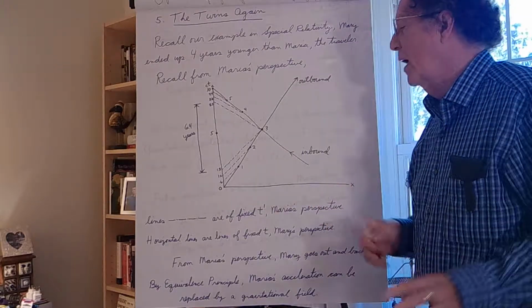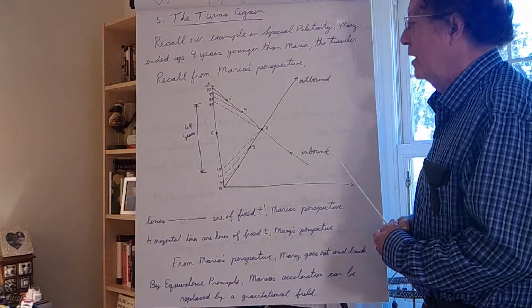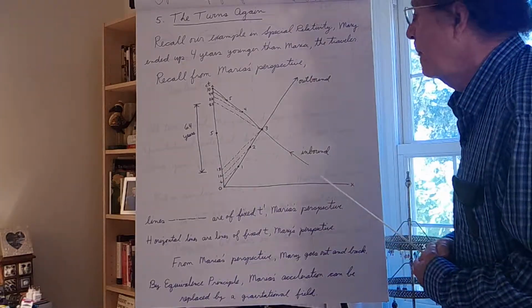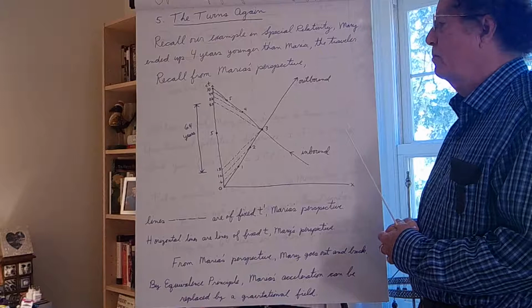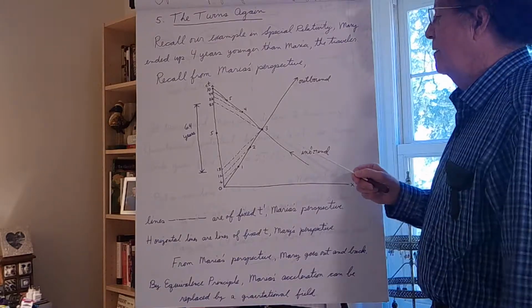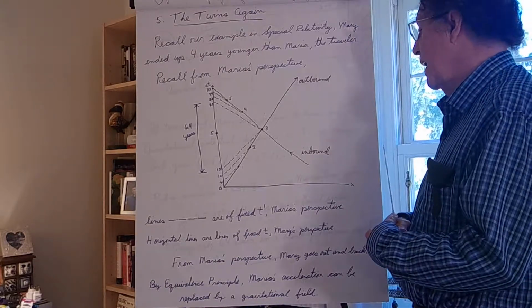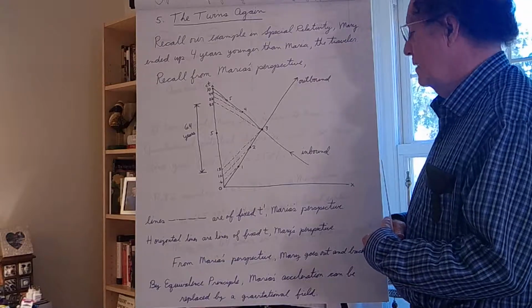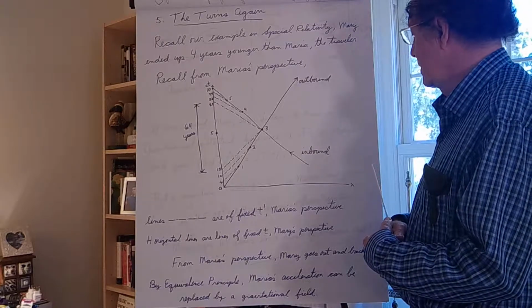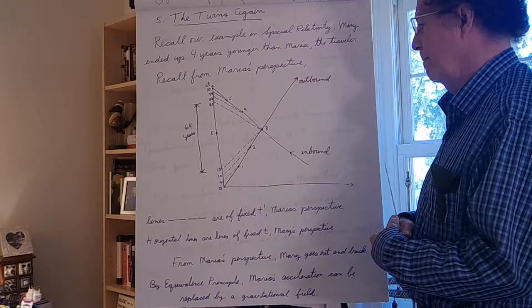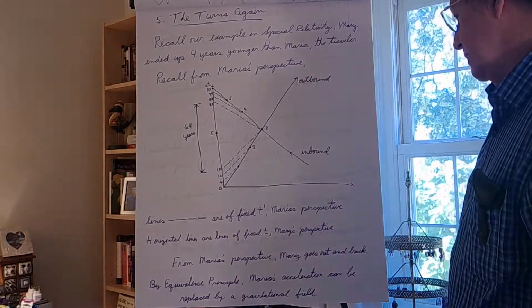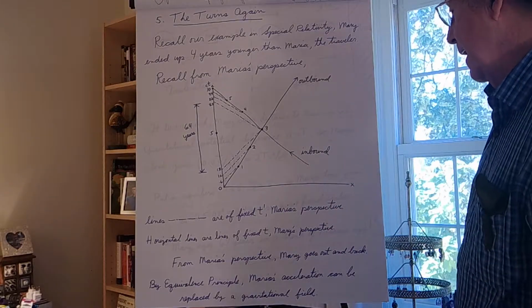The Minkowski diagram has the issue in there, and you see what it is. And the great surprise, of course, being the fact that from Maria's perspective, Mary ages a great deal, and Maria has the acceleration. So there it's stated.